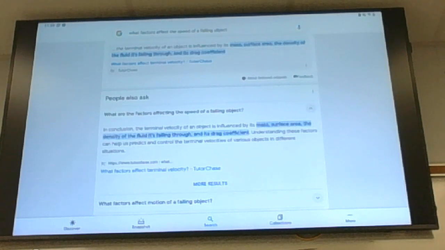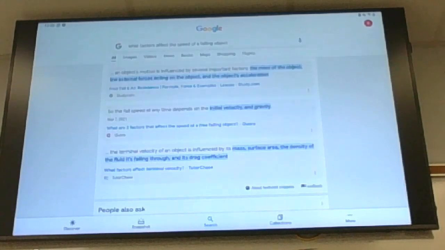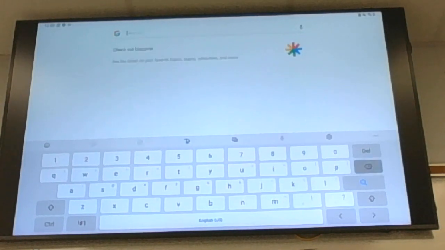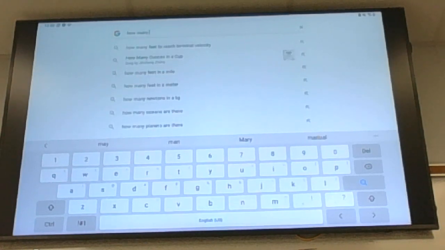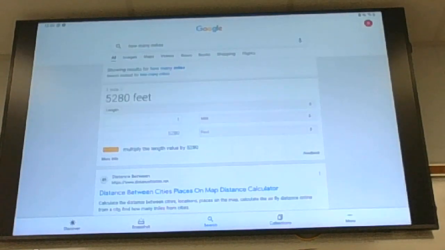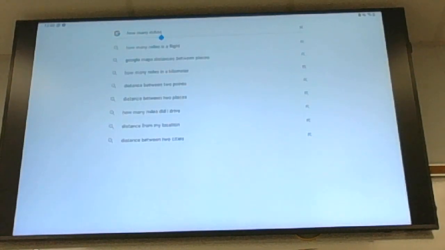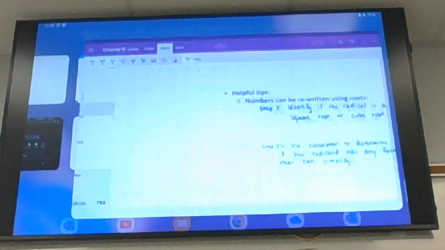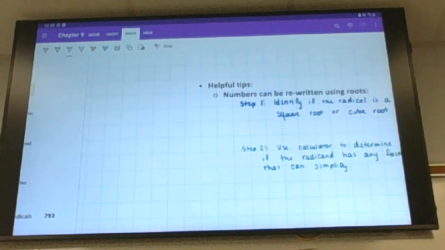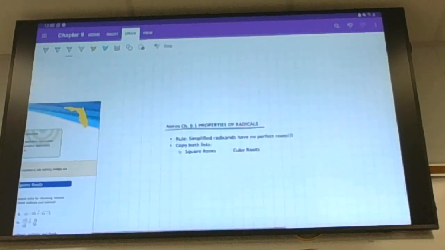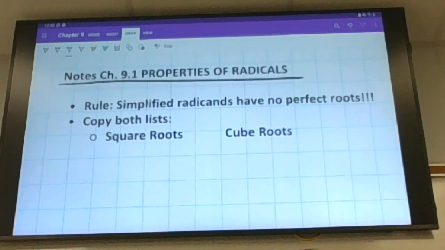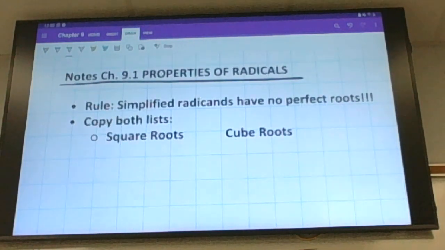So there's 5,280 feet in a mile. So you convert it. 5,280 feet per mile. So that's how many feet you'd have to walk to make it a mile. Alright, that's it for that.